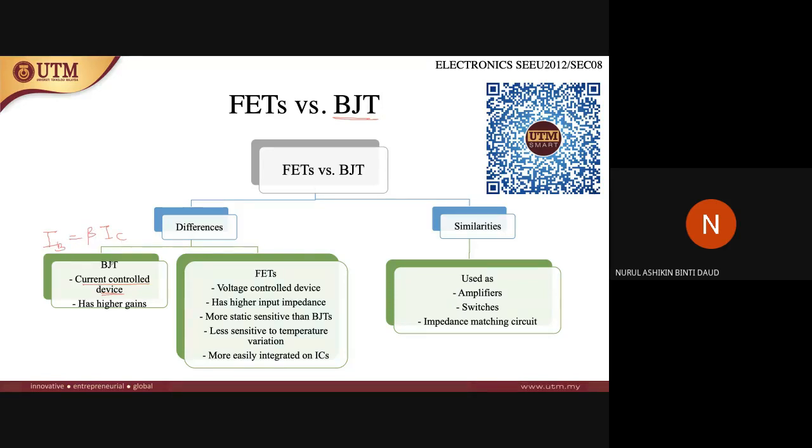That's why we call BJT a current control device, and it has higher gain. But FET is a voltage control device. This one is current, and this one is voltage.